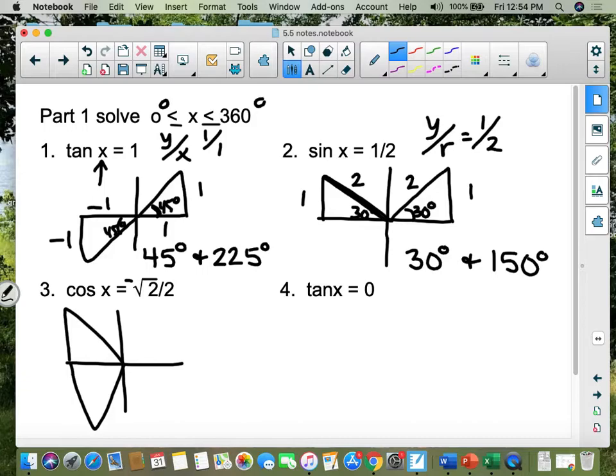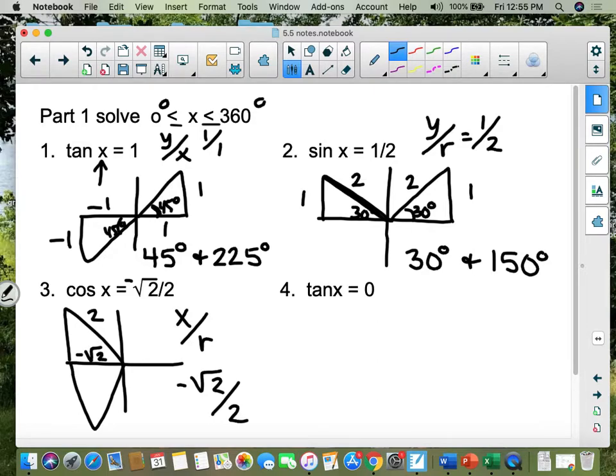Isn't cosine x over r? Right? The formula for cosine is x over r. We have a negative root 2 over 2 as our final answer. Our r is supposed to have a 2 in it, and our x is supposed to have a negative root 2 in it.